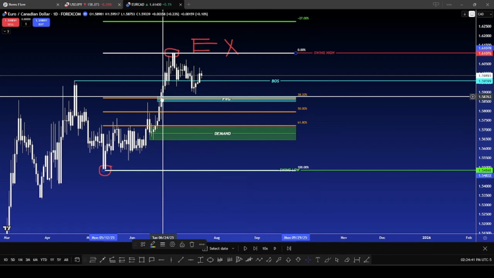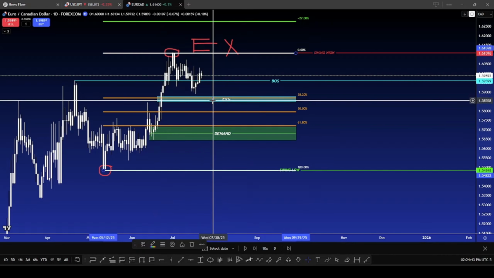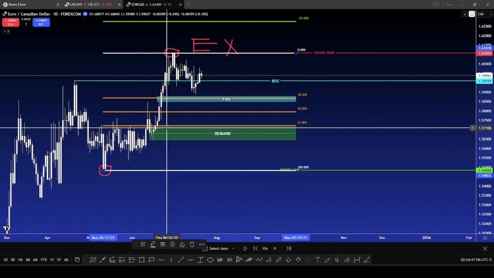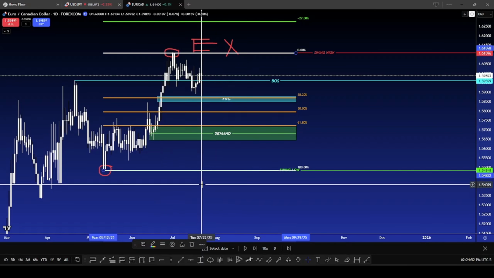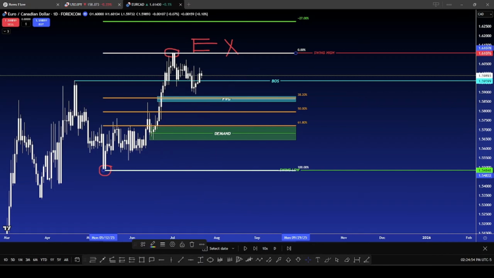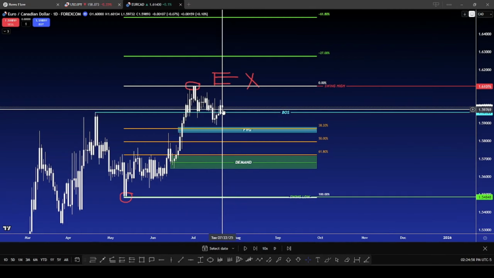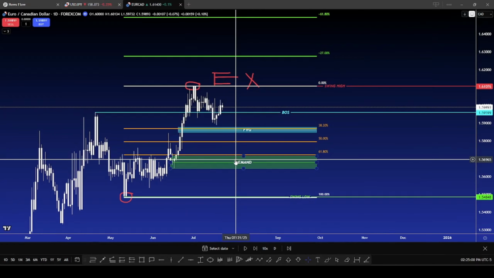How ironic that they line up with the FVG that was one of our points of interest, right? And it also lines up right above the demand area, which was another one of our points of interest, right? These are what we call confluences, right?